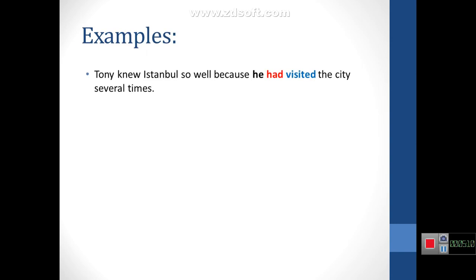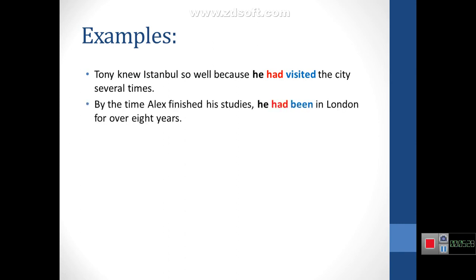guys, let's see some examples. Tony knew Istanbul so well because he had visited the city several times. What's he? Subject. Had auxiliary. Visited. Past perfect. By the time Alex finished his studies, he had been in London. He had been. He subject, had, then past participle of go.